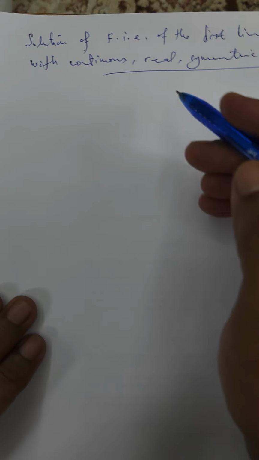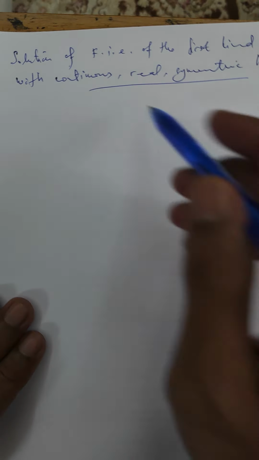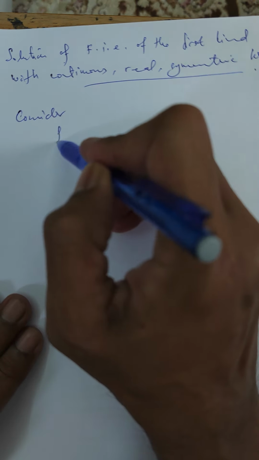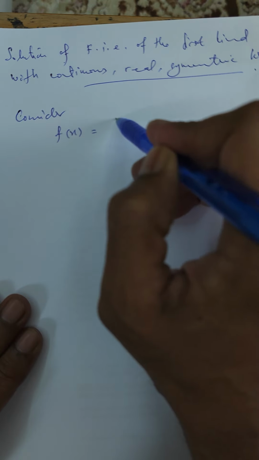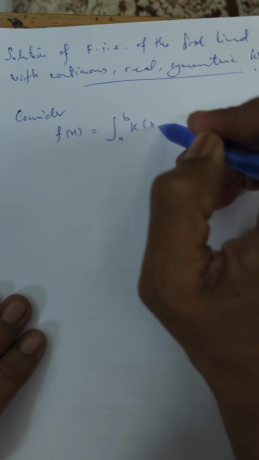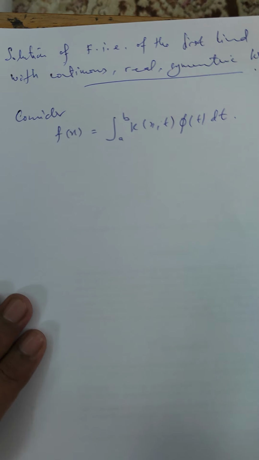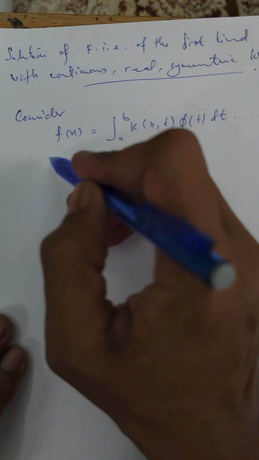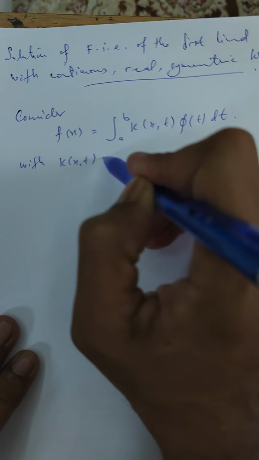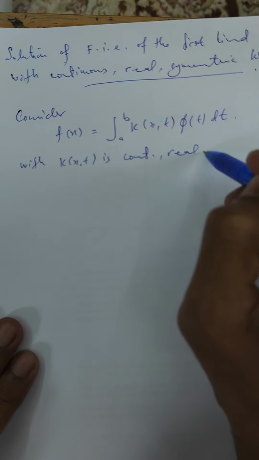We consider the homogeneous Fredholm integral equation, given as f(x) equal to the integral from a to b of k(x,t) phi(t) dt, where the kernel k(x,t) is continuous, real, and symmetric.